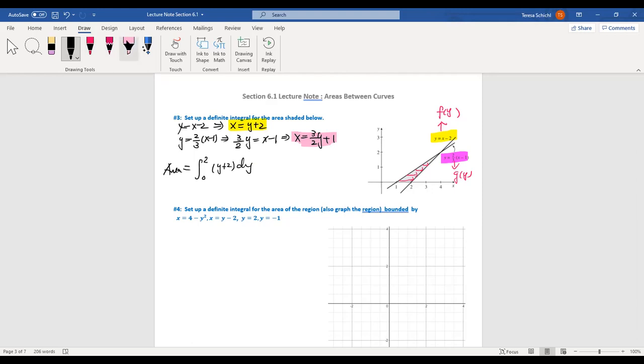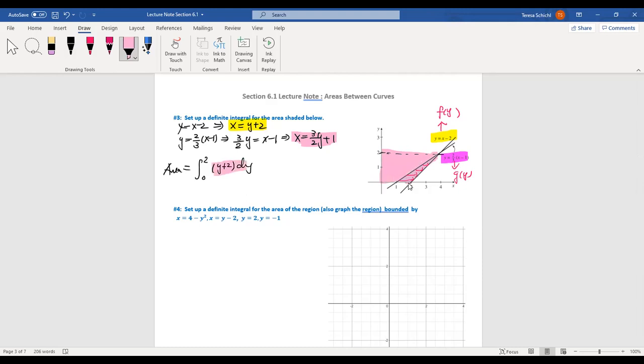This integration is trying to get this area, everything to the left and to the right of the y-axis here.